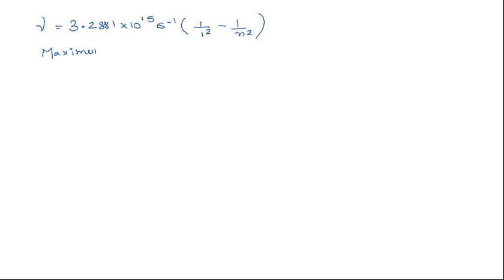Now we have to find out the maximum frequency emitted. For the maximum frequency emitted, n2 is equal to infinity, as I explained just now. Now for which atom is it? It is for helium.